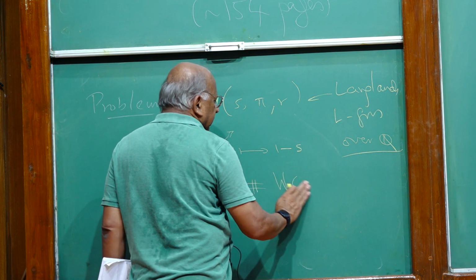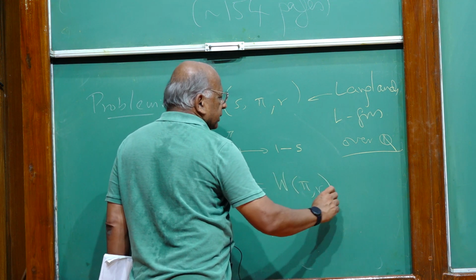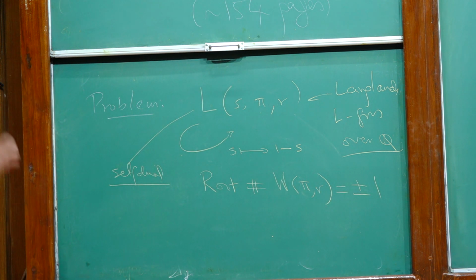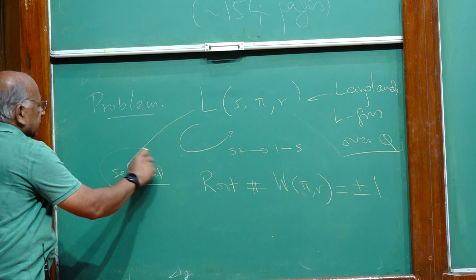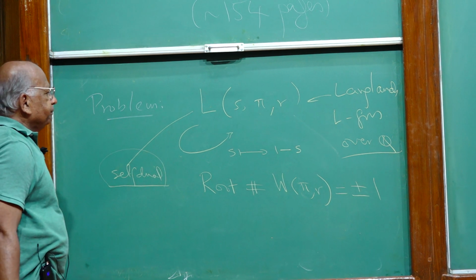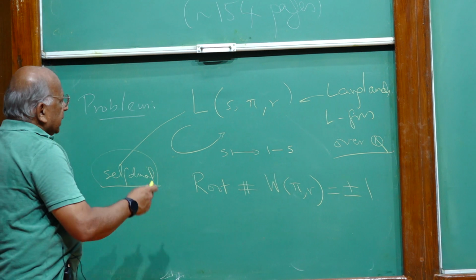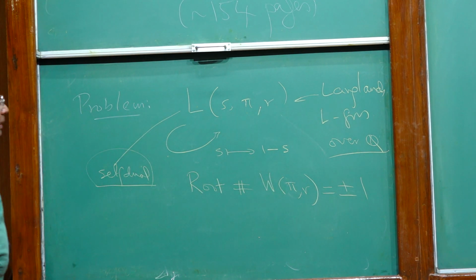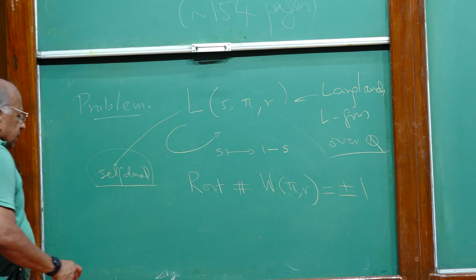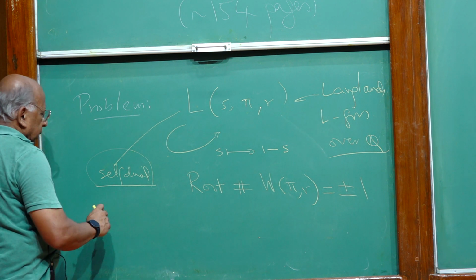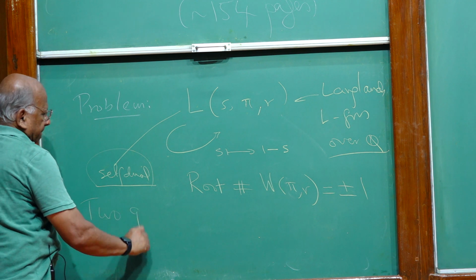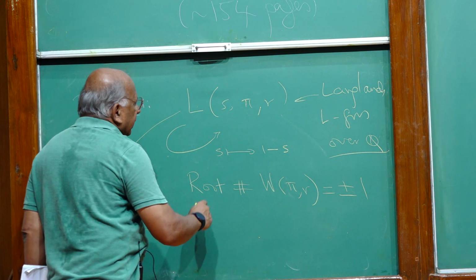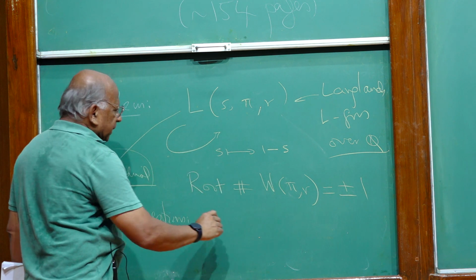The root number, which is sometimes called W, is plus or minus 1, because it's the self-dual case. And also this L-function relates s to 1 minus s. Two questions arise, both assuming it has analytic continuation.